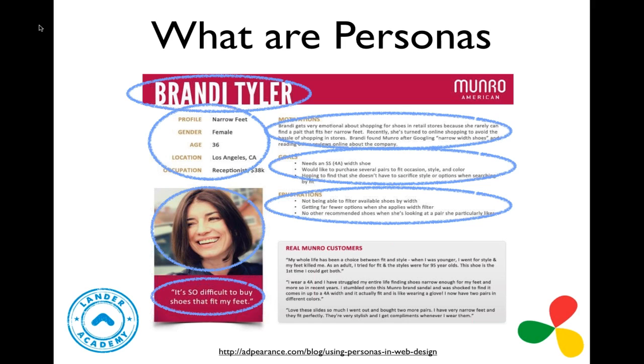And we are completely aware of our goals. So her goal is to find a shoe that fits her feet. But maybe she's not always that aware of her motivations. A common example is joining a gym. Maybe my goal and your goal is to join the gym, the goal is the same. We know that that's what we want to do, and when we are browsing a website, we know what the goal is.